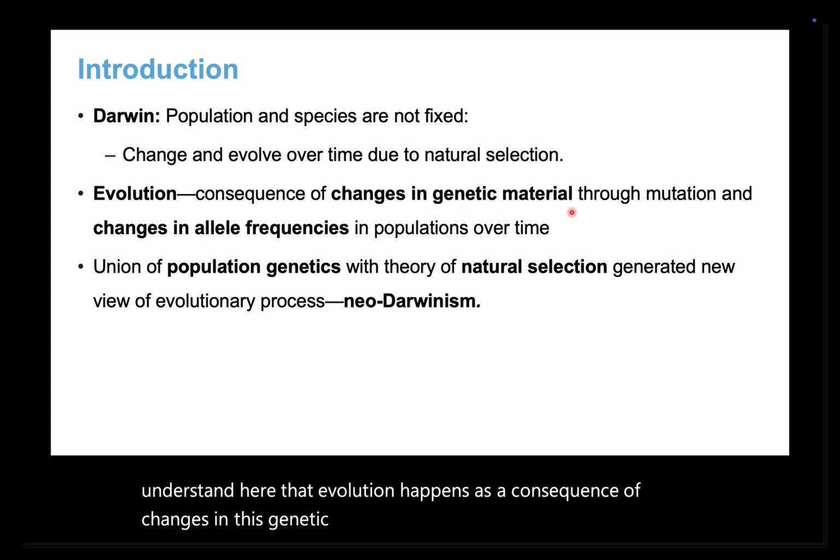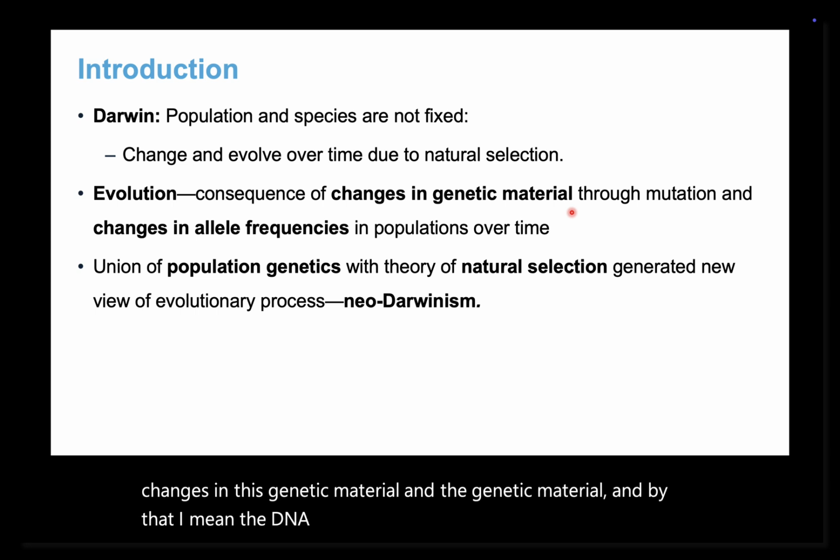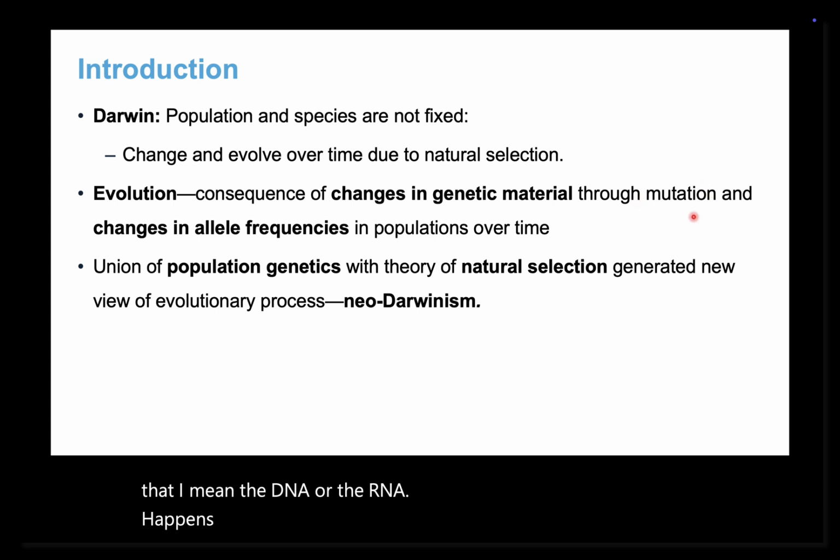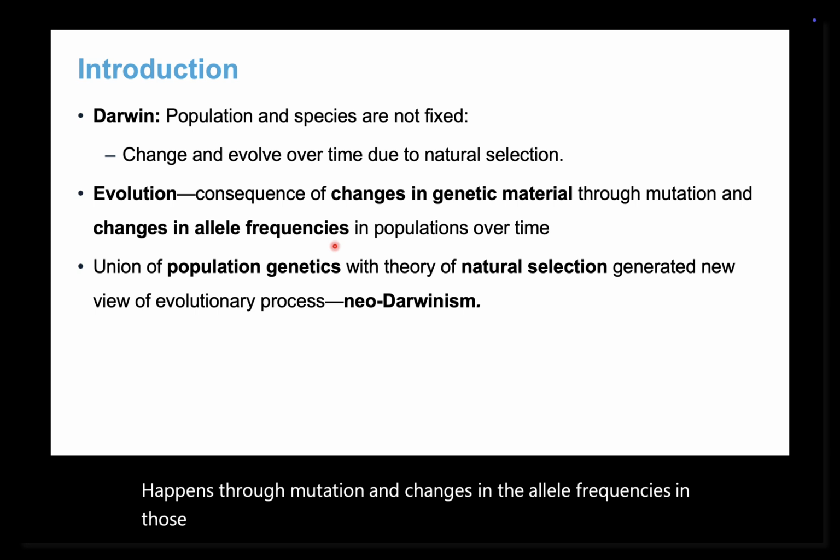And the genetic material, and by that I mean the DNA or the RNA, changes through mutation and changes in the allele frequencies in those populations. By alleles here, let's simplify things considering just 2 alleles in that population.